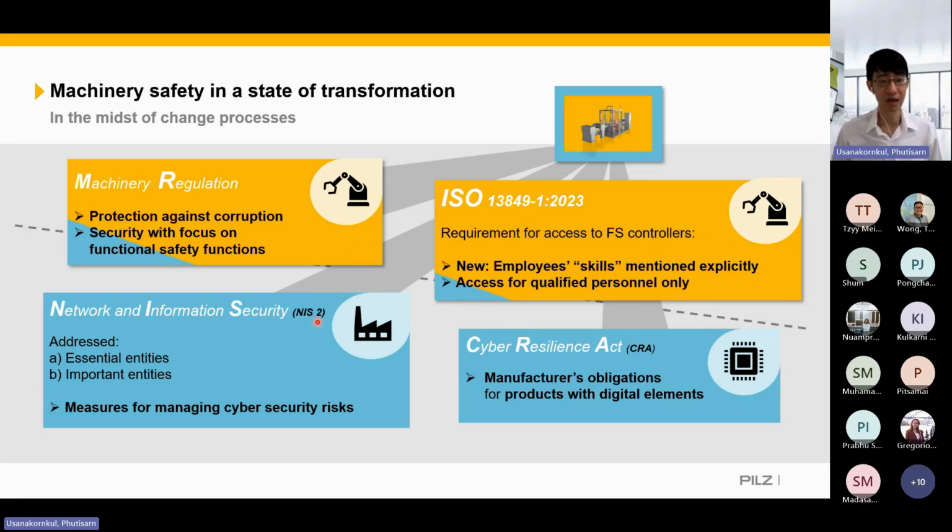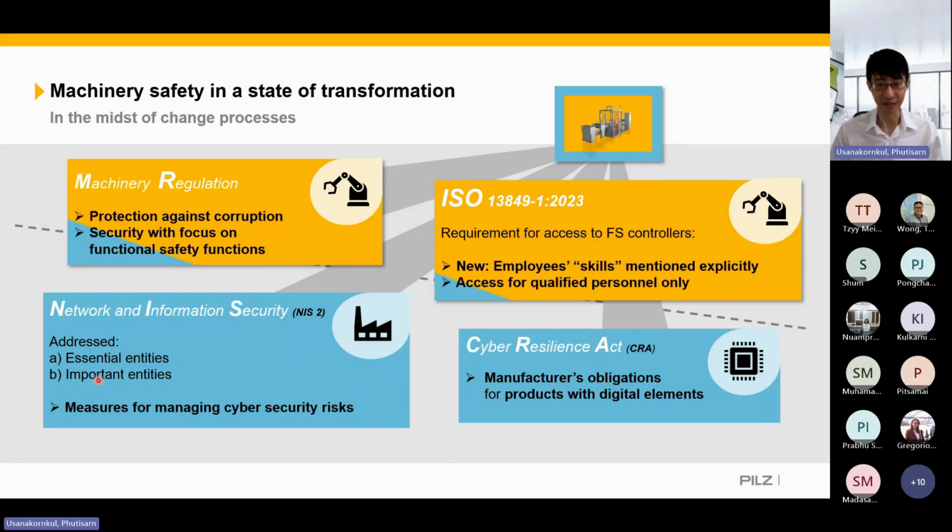So Network and Information Security is a directive. Basically, it addresses how essential and important entities have to have measures for managing cyber security risk. This entity depends on the category that they fulfill. Not going into detail, but an essential entity is like a big company.